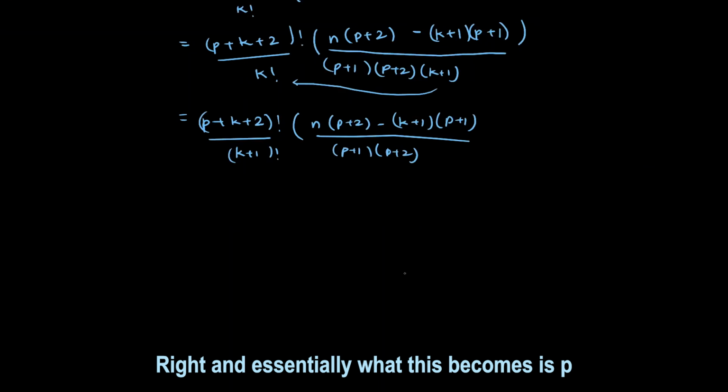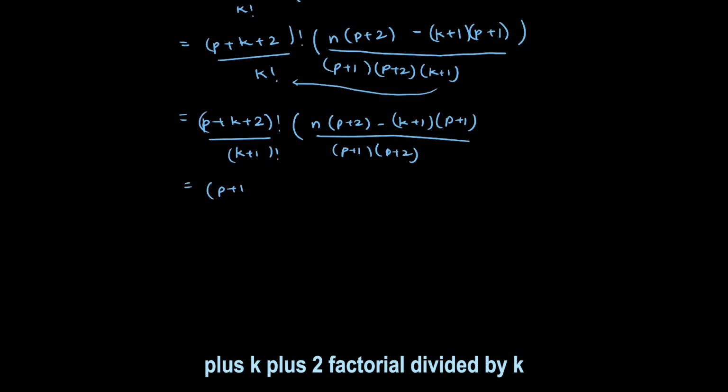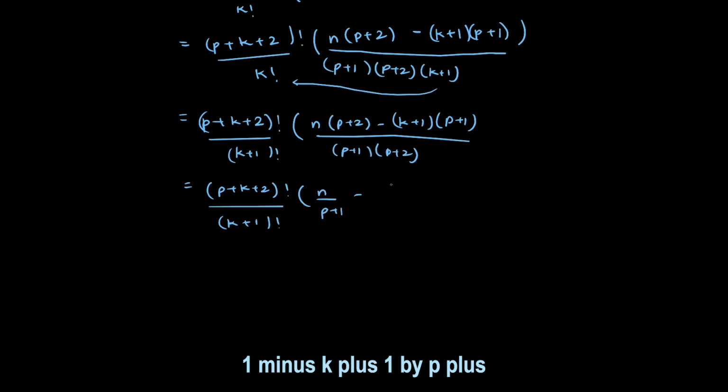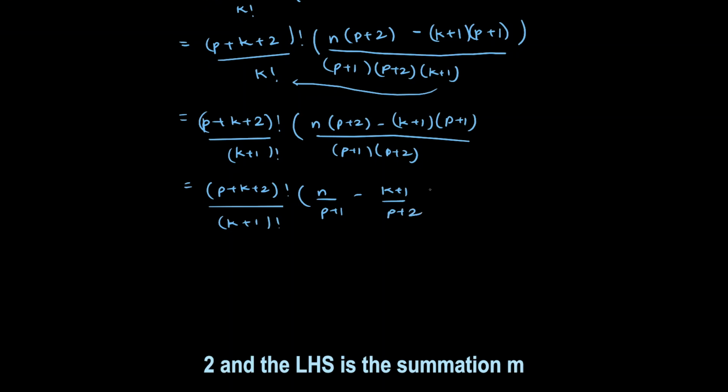Essentially what this becomes is (p plus k plus 2)! divided by (k plus 1)! into (n by (p plus 1) minus (k plus 1) by (p plus 2)).